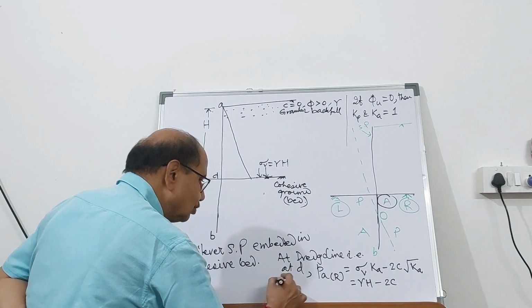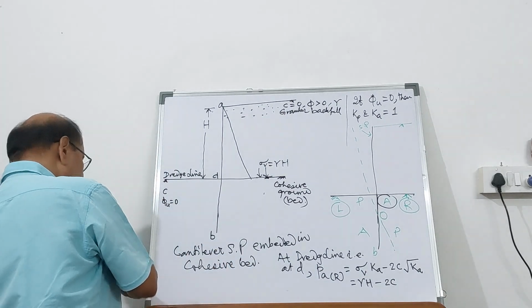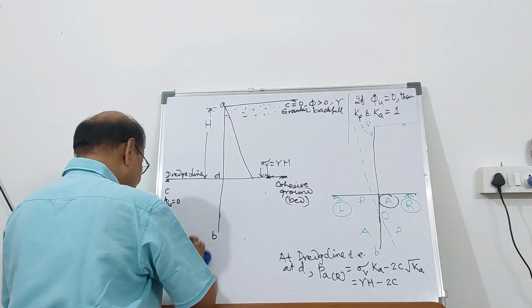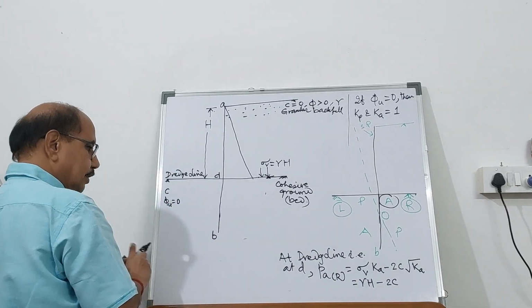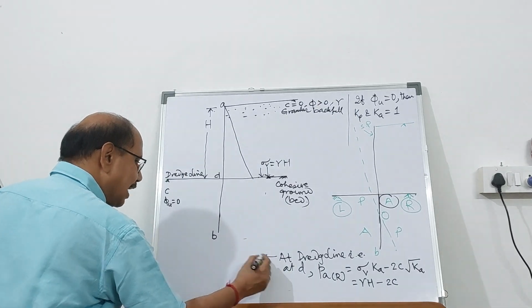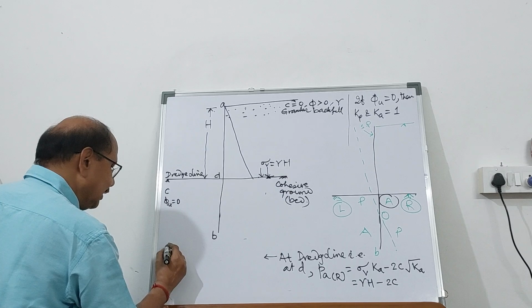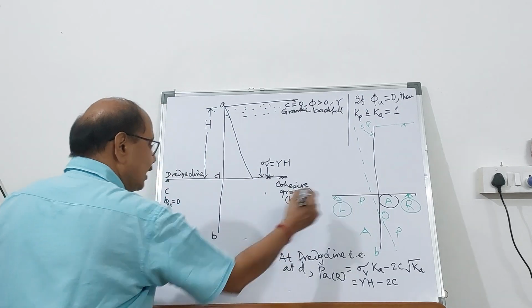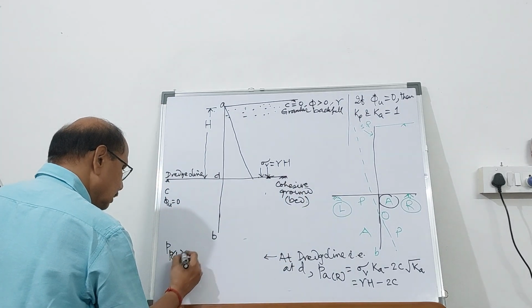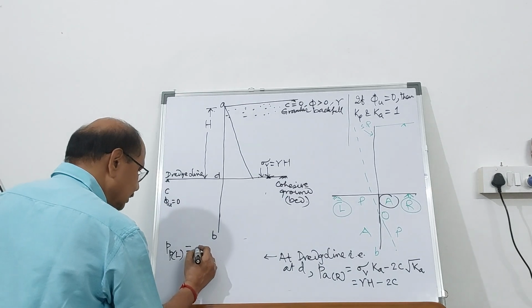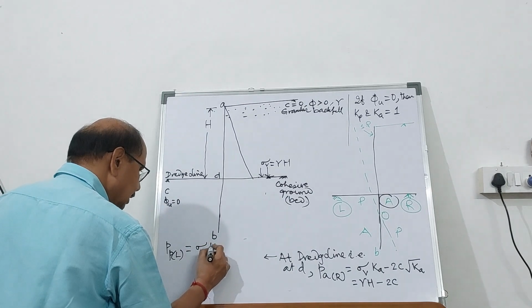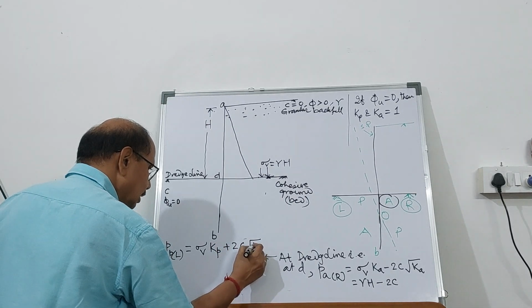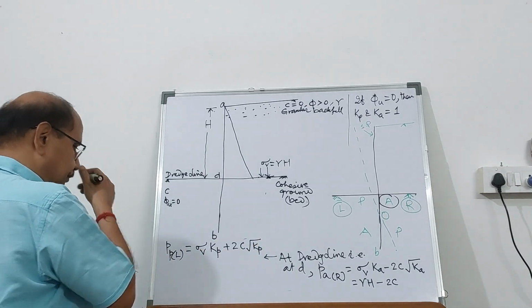So on this side, the active component on the dredge line gives you this value. Similarly, you can find out the passive earth pressure. So let's compute at the dredge line, the passive earth pressure should also be computed. So at the dredge line, that is at D, the passive pressure which is developing on the left hand side will be given as sigma V Kp plus 2C under root Kp.